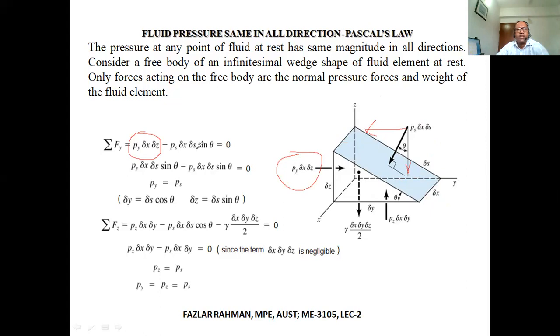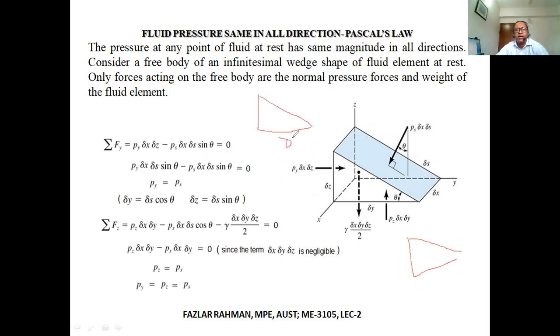So Ps into delta x is the force, and this component will be sine theta. This will be cos theta, this will be sine theta. We'll apply sine theta over here. Now, in the triangle, I have to make it horizontal.